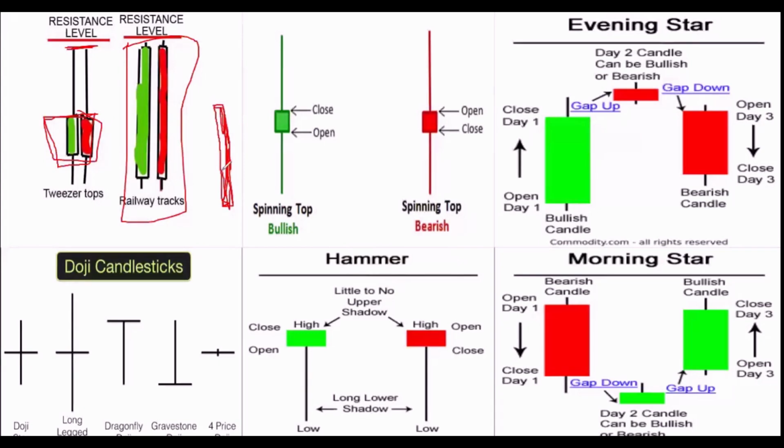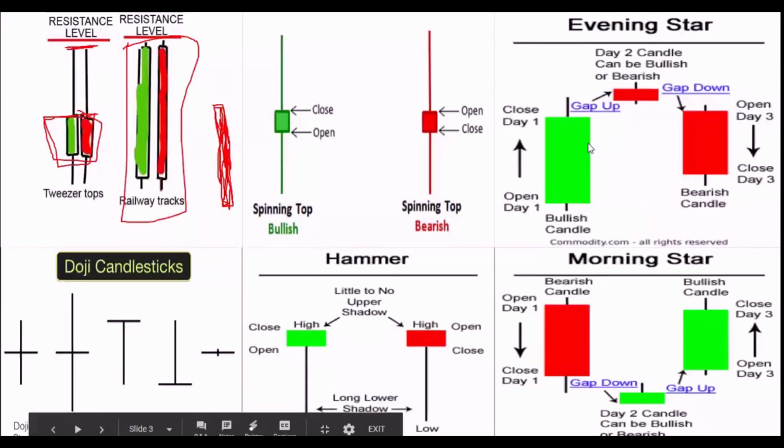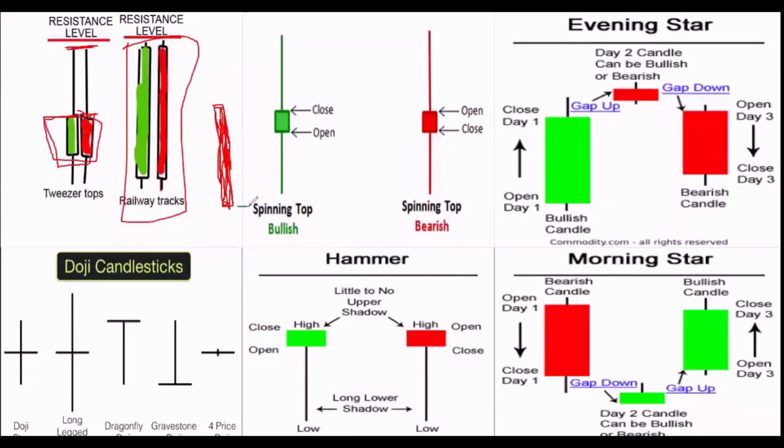Let me actually make this. Okay, you understand that. That is a bearish candle. And then, let's say this one has a nice little wick, and this one closes like this. And that's my bullish candle.